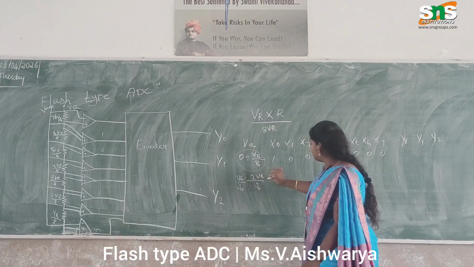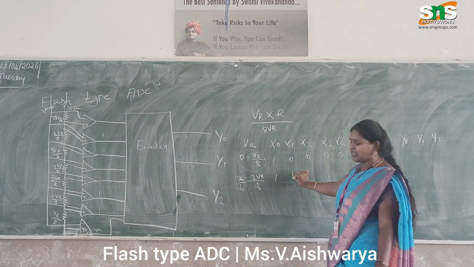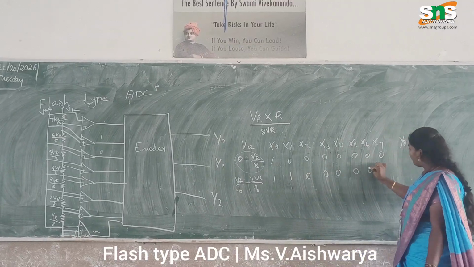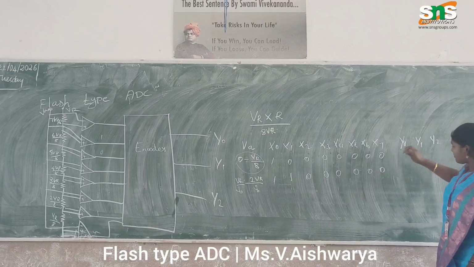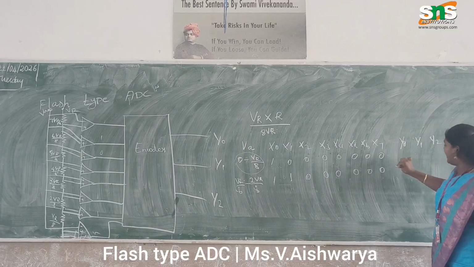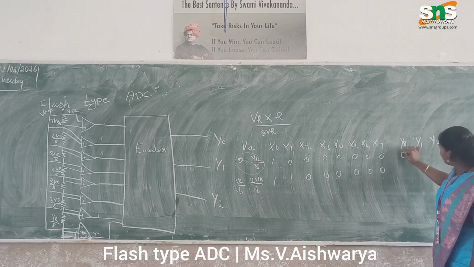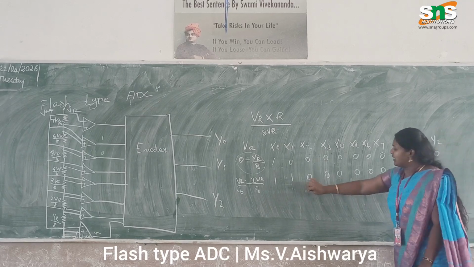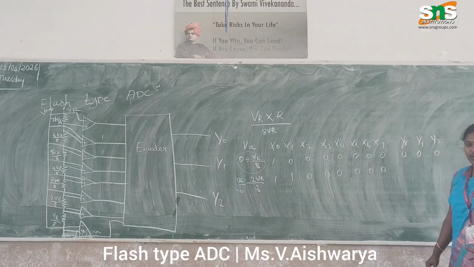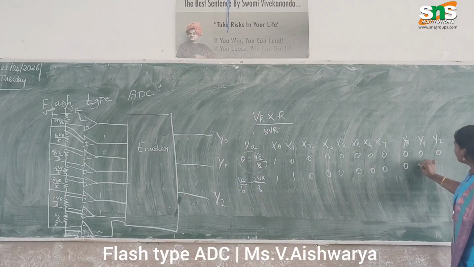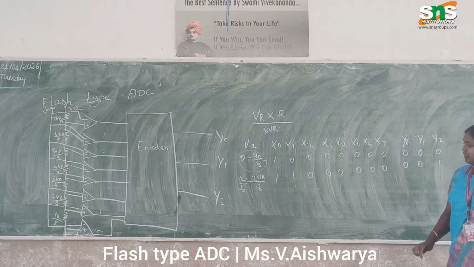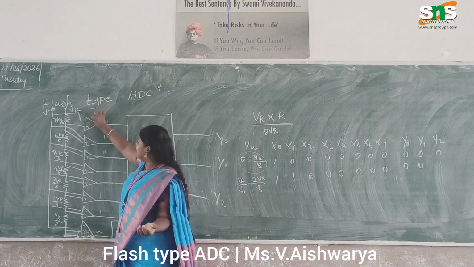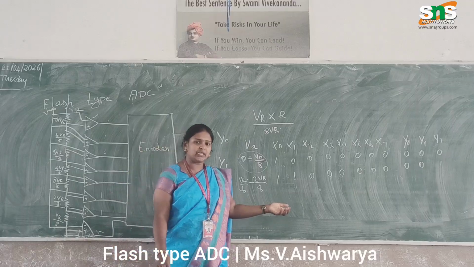In this condition, the first and second comparators turn on and the remaining are off. At the first stage, the first comparator output is 1 and the encoder output is 0, 0, 0. For the second, x1 goes high and the output is 0, 0, 1. Like that we follow the same procedure until the last comparator is turned on.